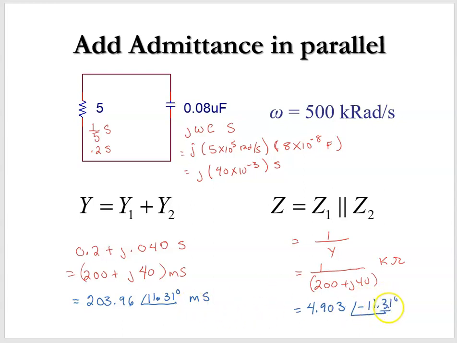The angle is the same, just negative. And this is times 10 to the negative 3, but this was kilohms, so we end up with that in ohms. Then we could also convert that to rectangular form. But it's easier to find the admittance and then do 1 over that to convert to the impedance, particularly when we have a calculator handy.